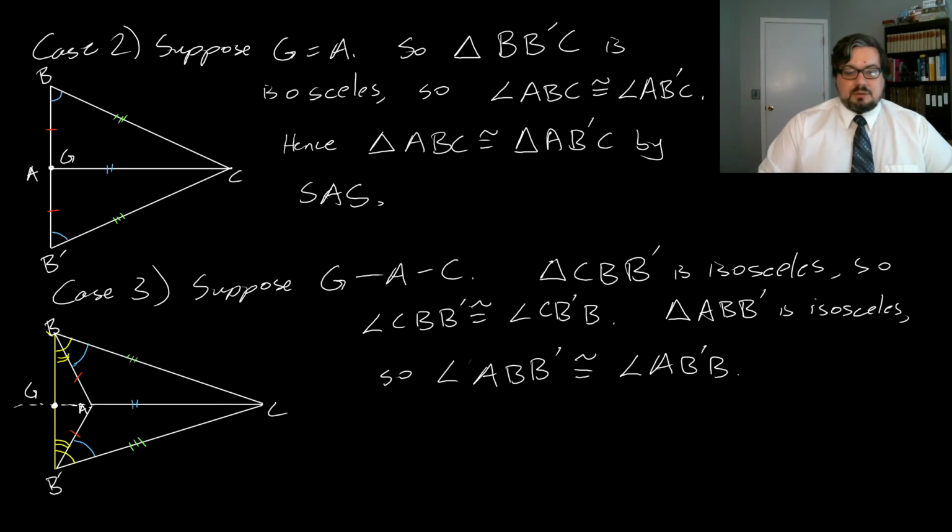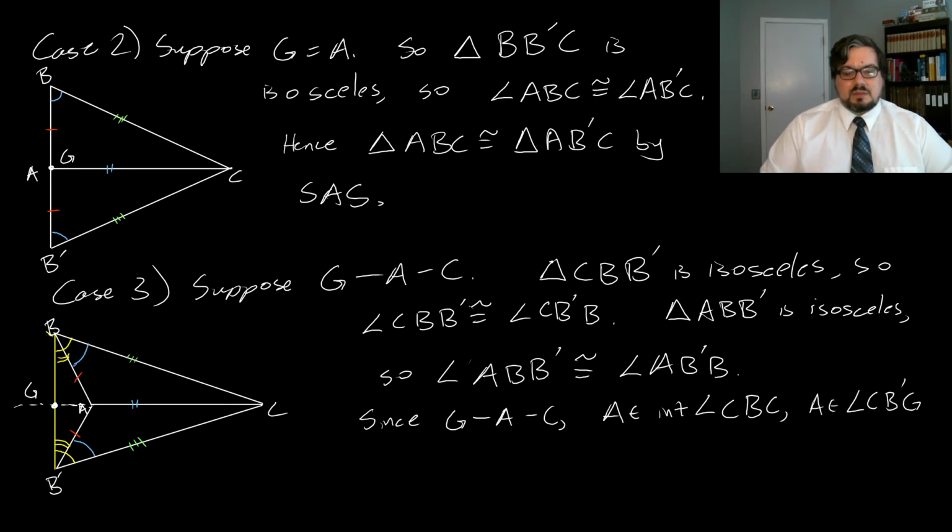So we have that since A is between G and C, A is in the interior of angle CBG, and A is in the interior of angle CB'G.